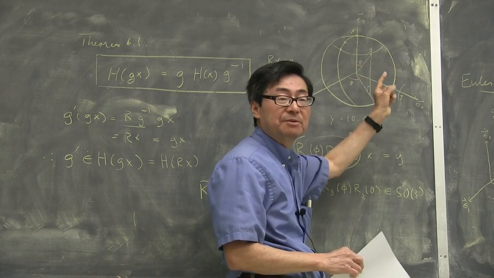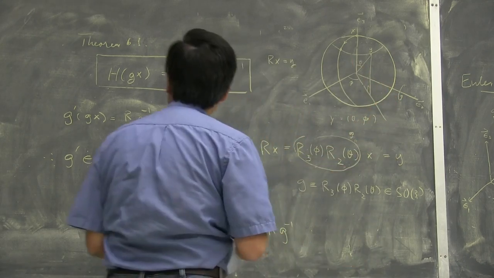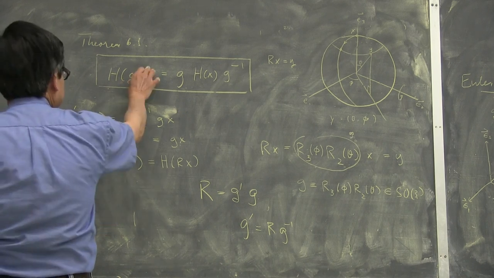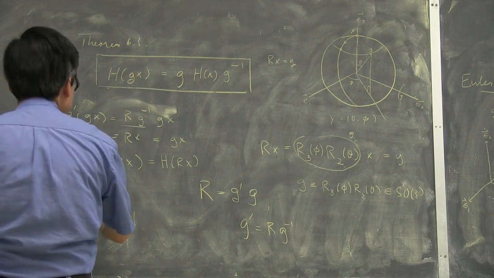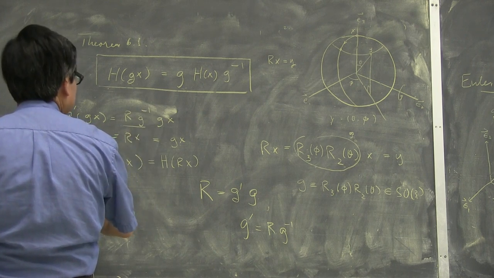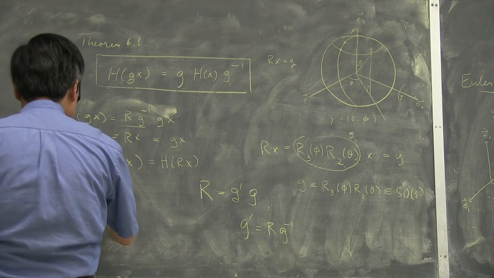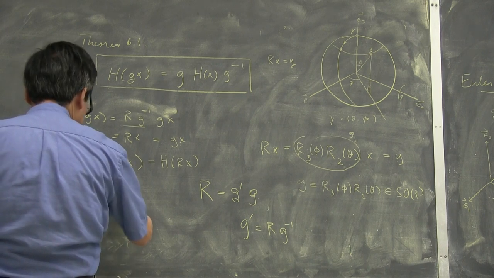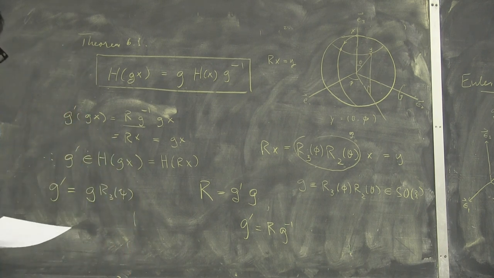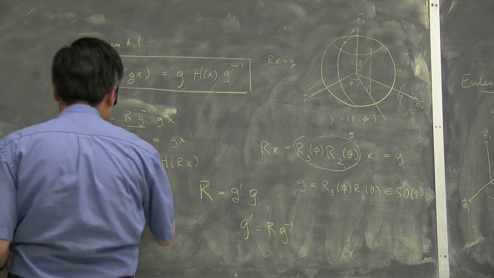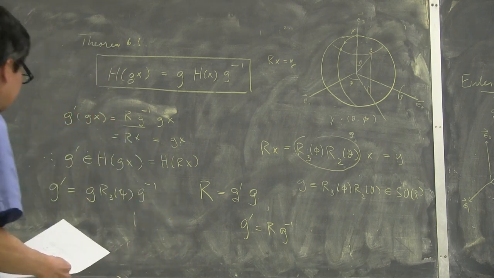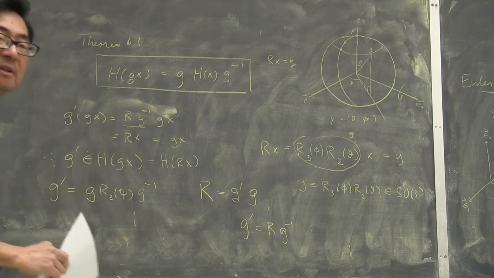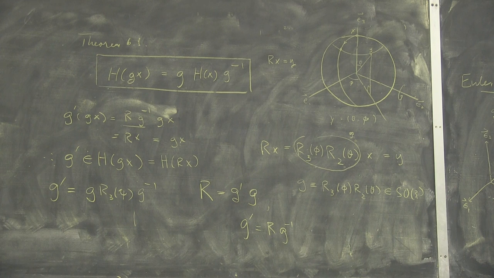So it's some rotation about the third axis. So because of this theorem also, G prime must be equal to G multiplied by R3. Now I don't know which rotation, so let me just leave this angle arbitrary. That is some rotation about R3. So this follows from this, right? So here's where we make active use of this result in here.